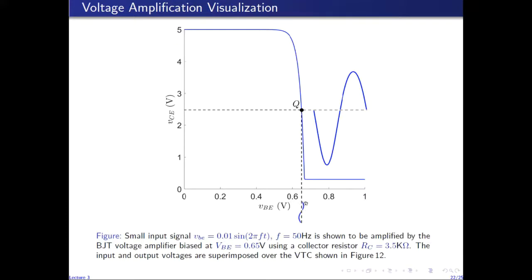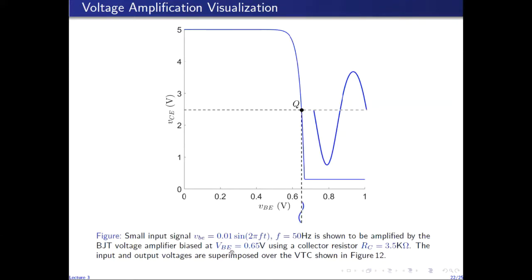This dotted line shows the DC component of VBE, and this signal is riding over the DC component like this. So this is the composite signal VBE, having 0.65 volts as the DC offset and a 0.01 volt peak sinusoidal waveform riding over the DC offset.